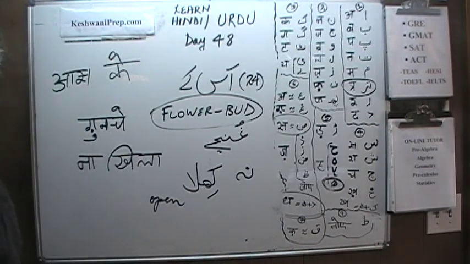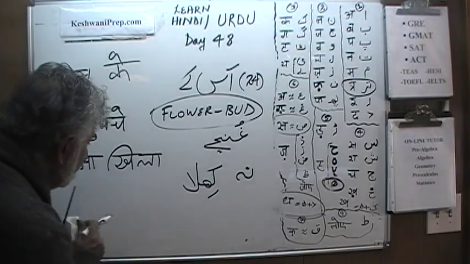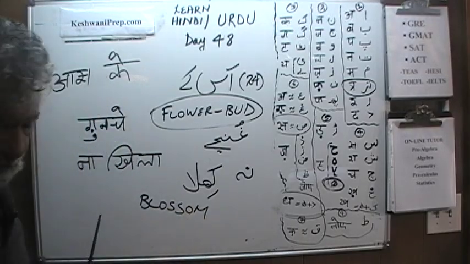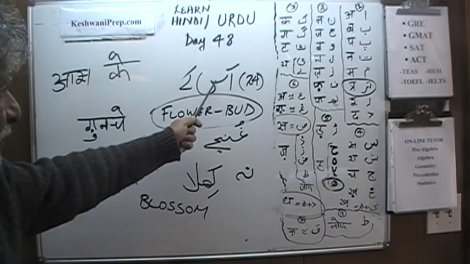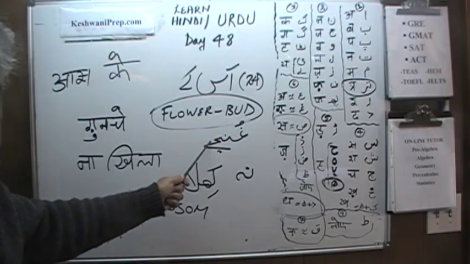And now it reads khila. Khila no longer means open. Khila means to blossom. Aas ke gunche na khile. Aas means hope, desire, wishes. Gunche means flower buds.